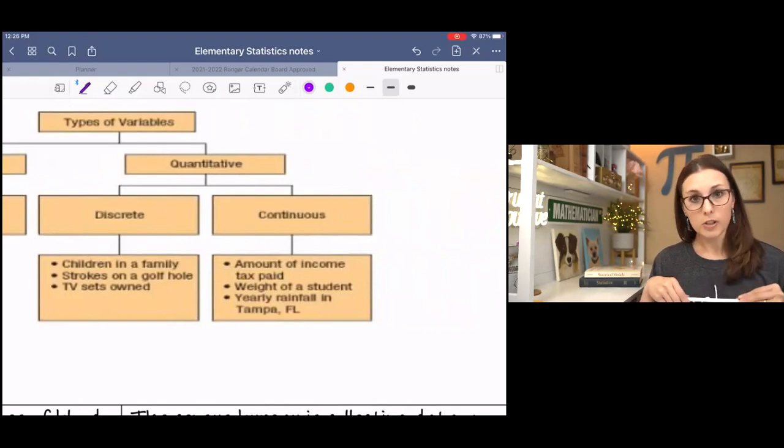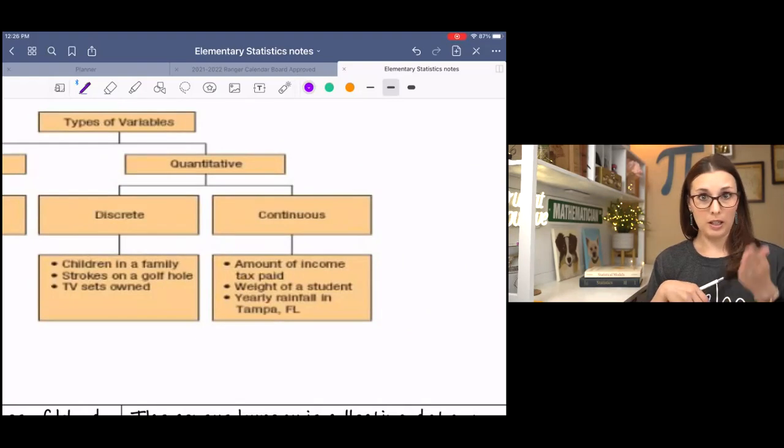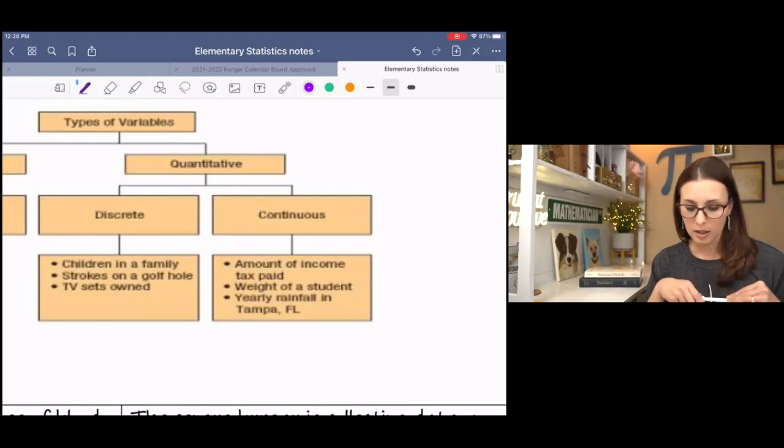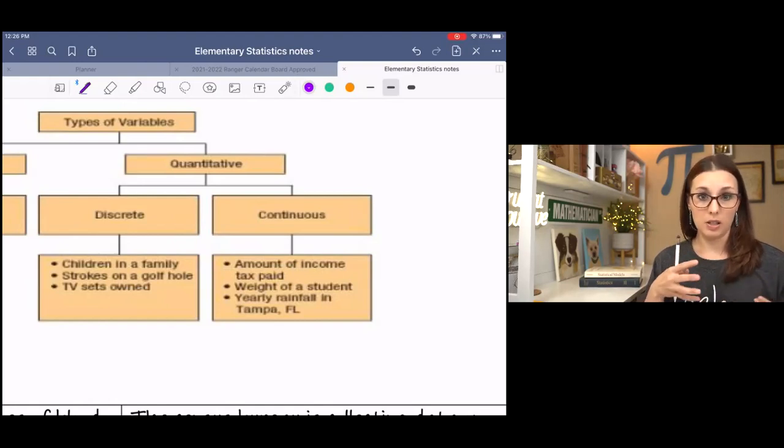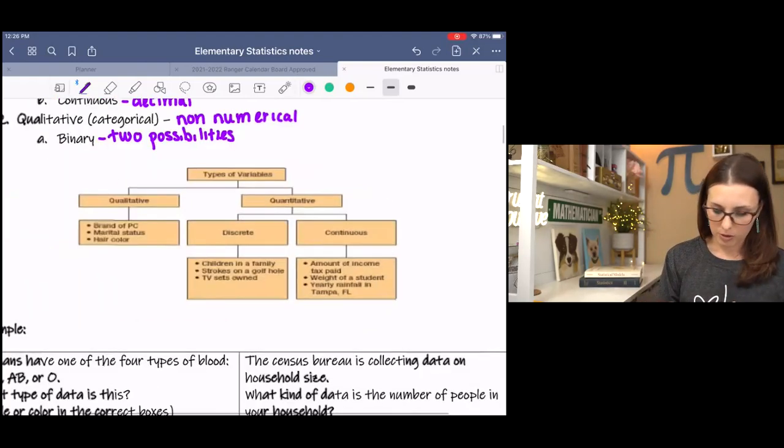Or weight of a student. Sometimes a person is not necessarily an even 100 pounds. They might be 100.5 or 100.8. And then yearly rainfall. Rainfall is usually gathered in inches, and those inches can be expressed in decimals. So there's some examples of that.